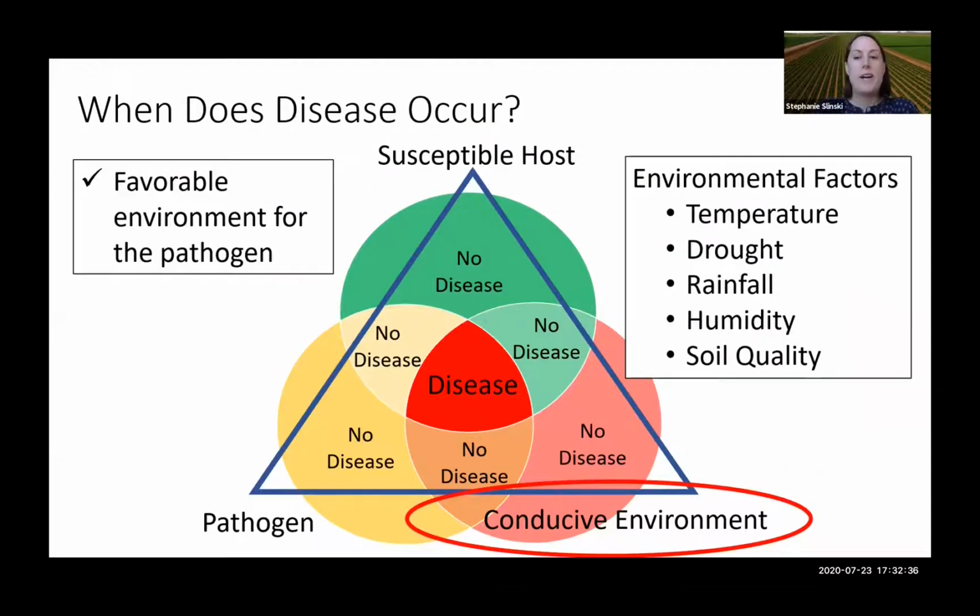A conducive environment is the final corner of the disease triangle. This is an environment that promotes disease by favoring the pathogen. This could be the climate, such as temperature. An example of this is Fusarium in lettuce, which will develop in Yuma on lettuce planted in early and mid-September when the temperatures are very high. The pathogen likes these warm soils.